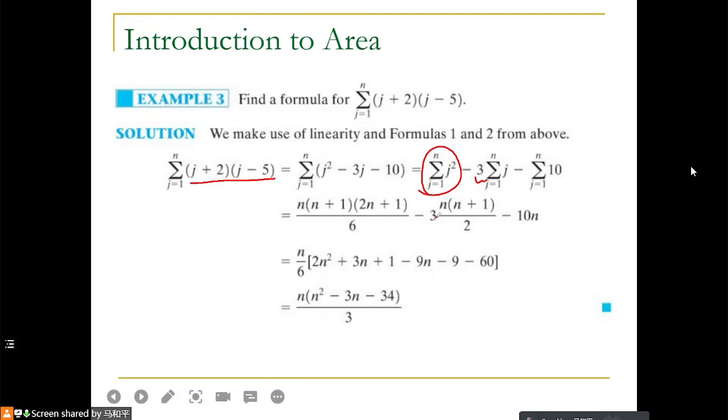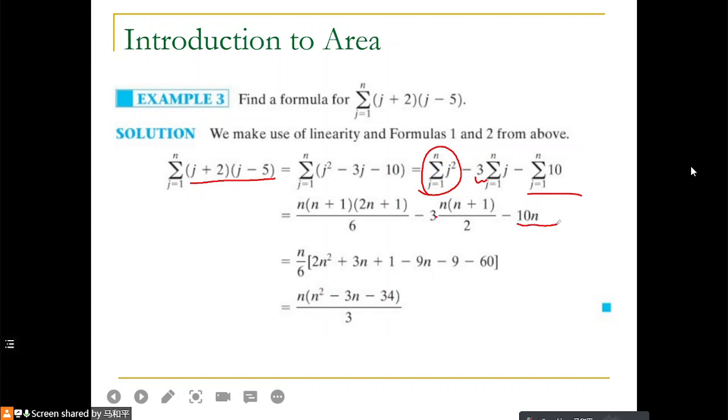And this is 1 plus 2 plus 3 plus n. So this is the first formula. We have this n times (n plus 1) over 2. And the last one is 10 plus 10 plus 10. We have plus 10, n times. So this is minus 10n.